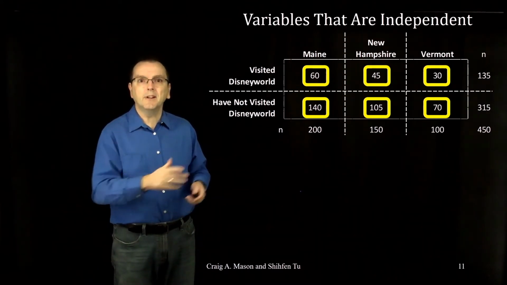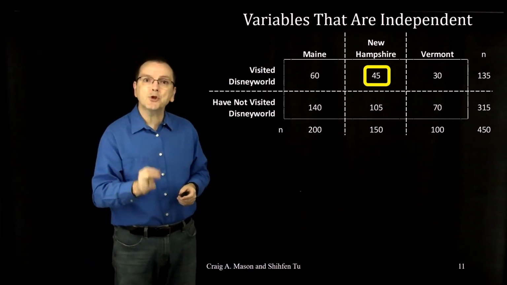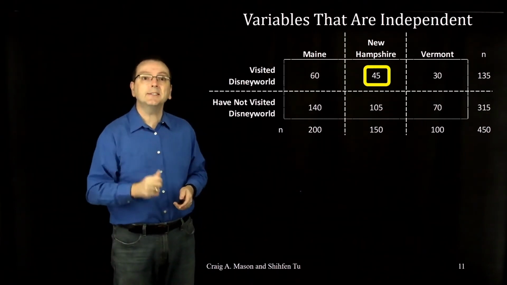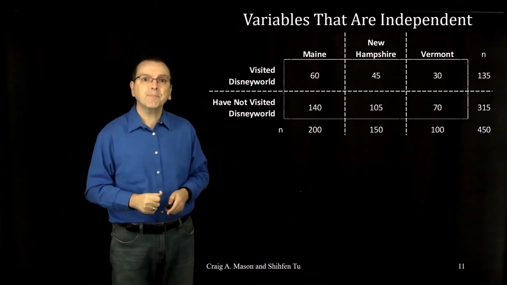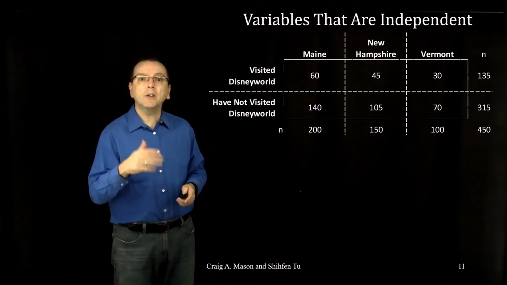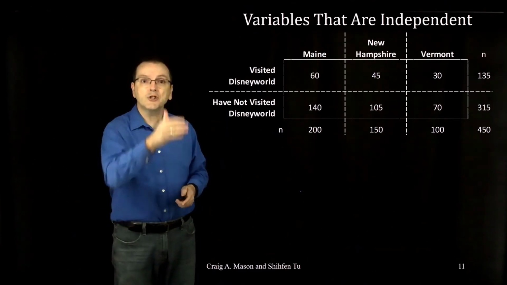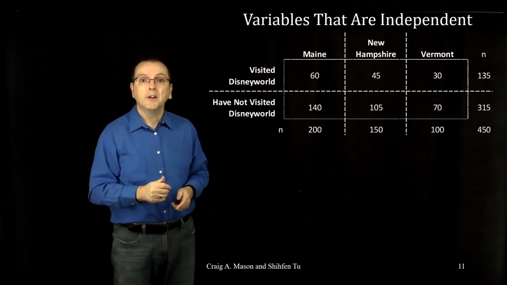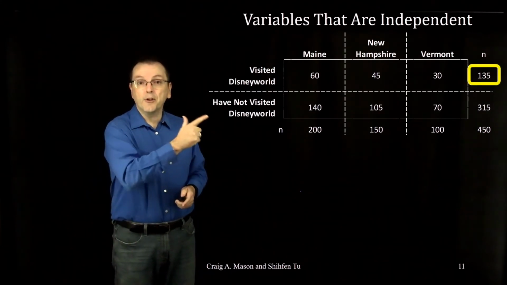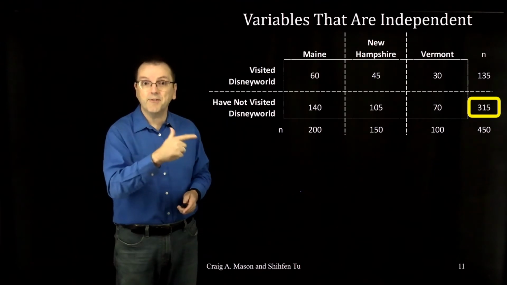For example, 45 people lived in New Hampshire and visited Disney. Now, for clarity, at the end of each row, we also indicate how many total people there are in each of the Disney groups. So we see 135 have visited Disney and 315 have not.